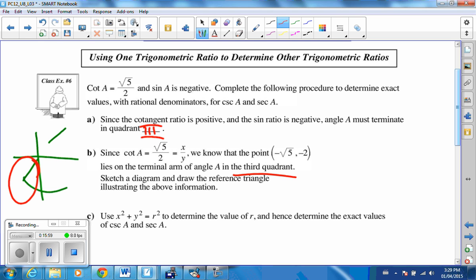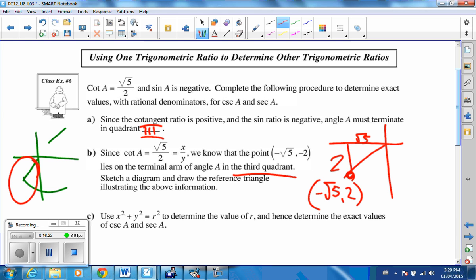Now, since cotan A is x over y, I now know that this triangle down here has a y value of 2 and an x value of root 5. So that's my piece, and then I know that this point must be negative root 5 comma 2.